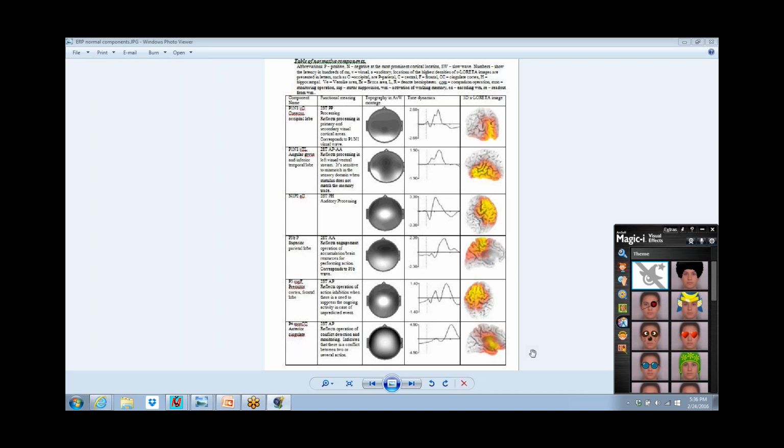But you can do ERP feedback. Technically, it's possible to do single trial feedback. Yuri Kropotov has set that up. You have to set up spatial filters and everything for the feedback. But once you set it up, you can do it. The difficulty is that training it doesn't seem to really get the same outcomes. Just because you can feed it back doesn't mean that they show a learning curve well with it.